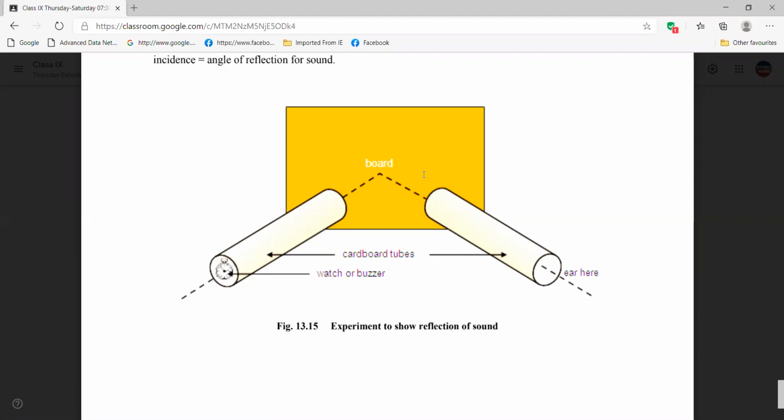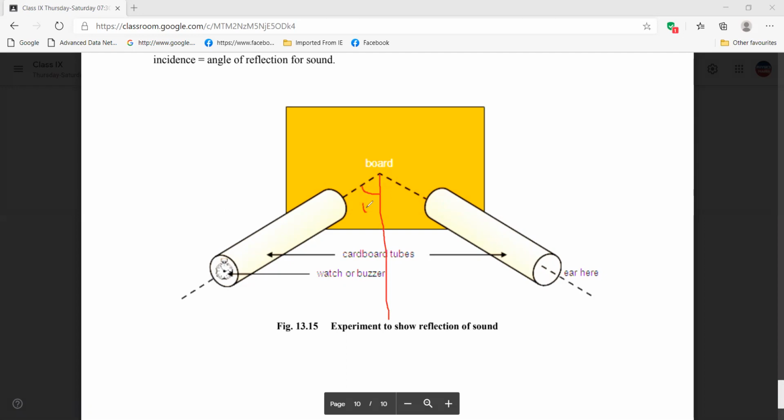This angle will be greater. Then you cannot hear the sound. So you draw this diagram quickly. Draw and label all. After drawing is done, you label this way.